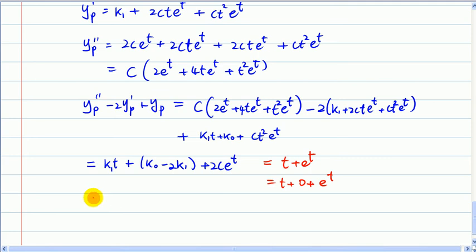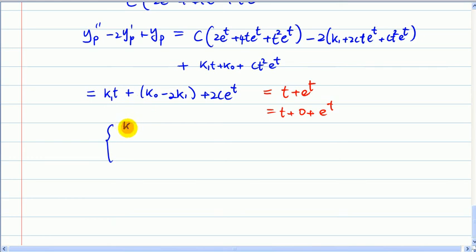So you have to come up with 3 equations: k1 equals the coefficient of t over there, k0 minus 2k1 equals this one here, and 2c equals the coefficient here, which is 1.